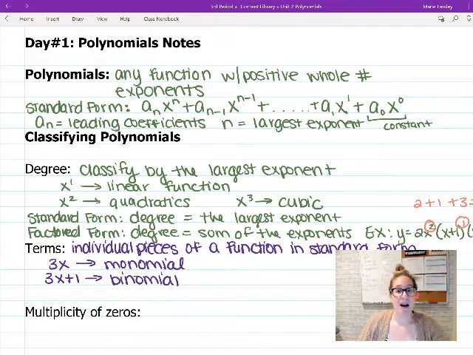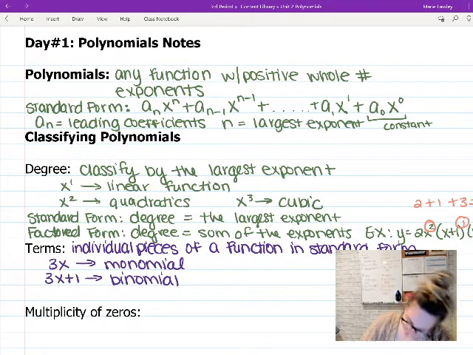And another one that you guys see, every one of your quadratics for the most part has three terms. So you have the ax squared plus bx plus c, that's three terms. That's called a trinomial.